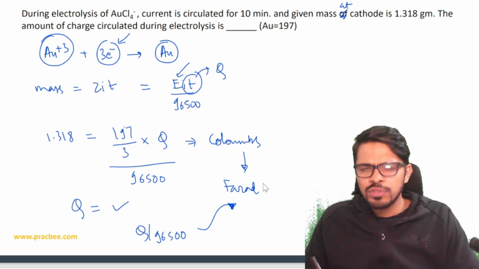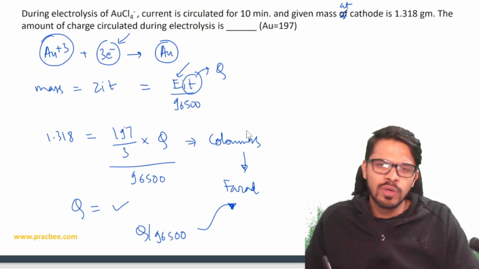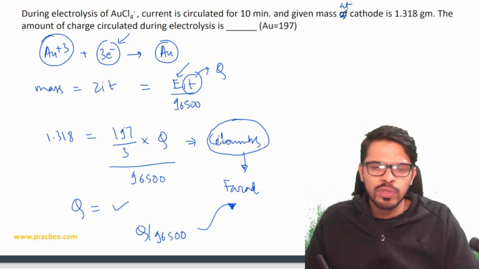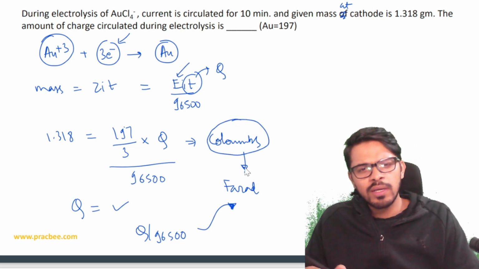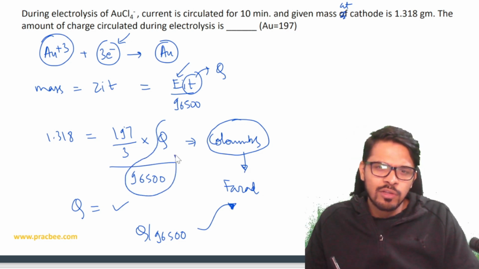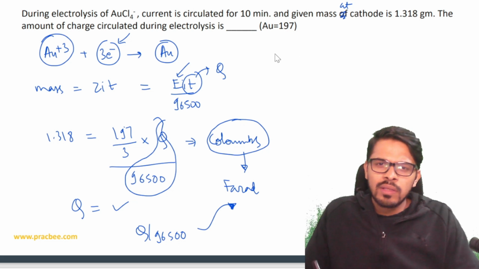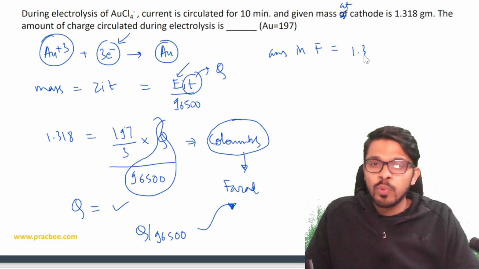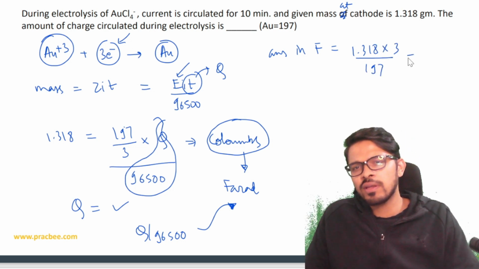I think in this question the options were in farads, so you can first calculate the value of Q in coulombs and then divide by 96500, or you can directly tell this value, and the answer in farads will be 1.318 into 3 by 197. This is the final answer.